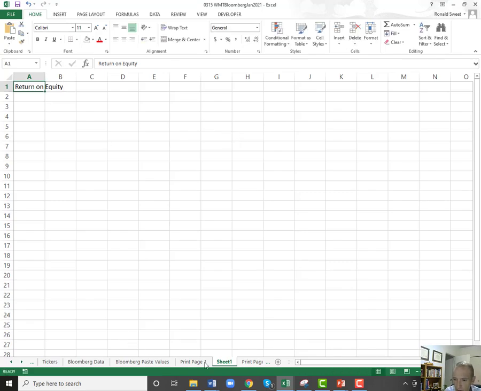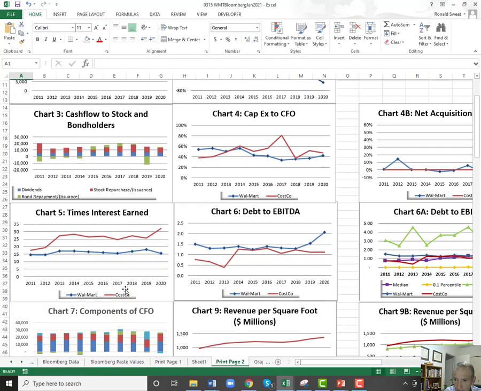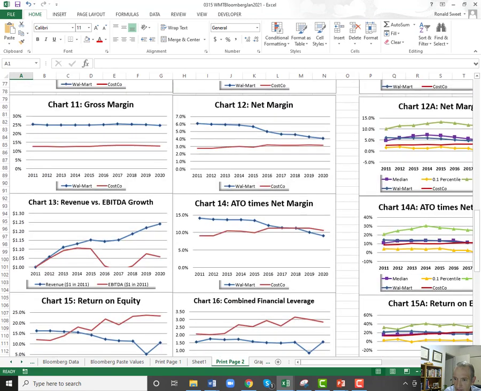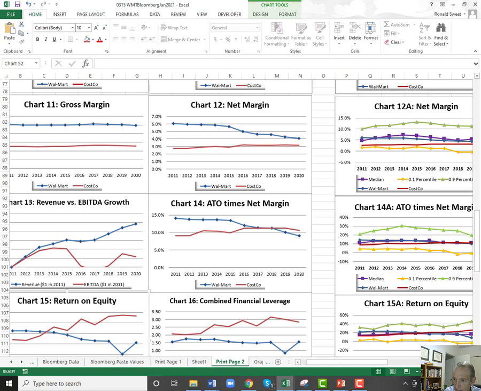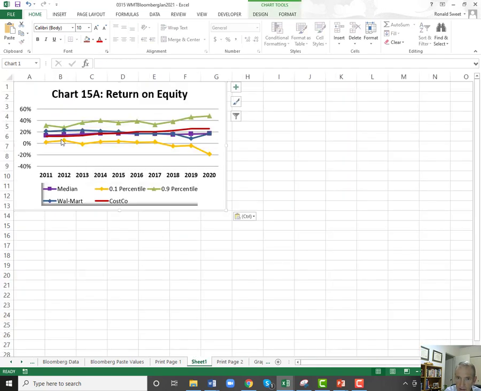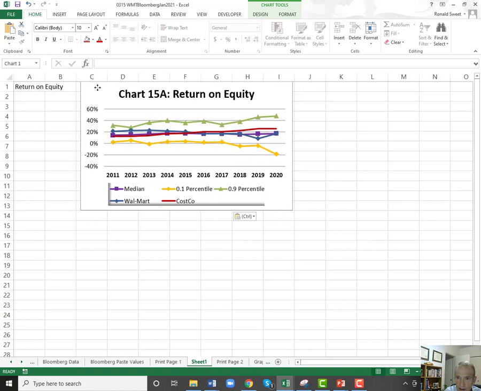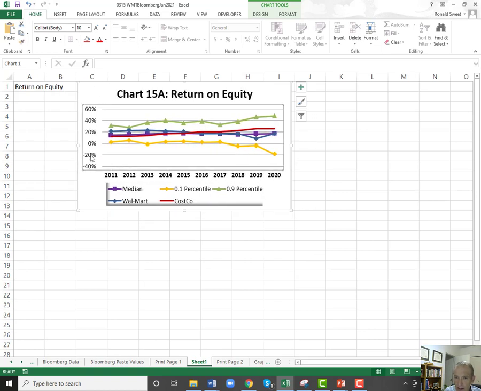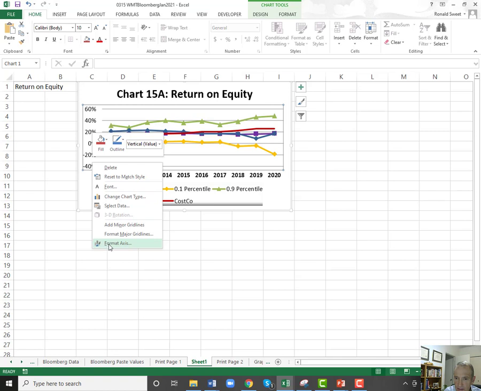Let's bring that over for Wal-Mart. Return on equity is pretty far down. It's one of the last charts. Here's their return on equity. I'm going to bring it over looking at the industry. Return on equity, copy and paste that right here. Let's modify it a little bit so we can see it a little bit better.